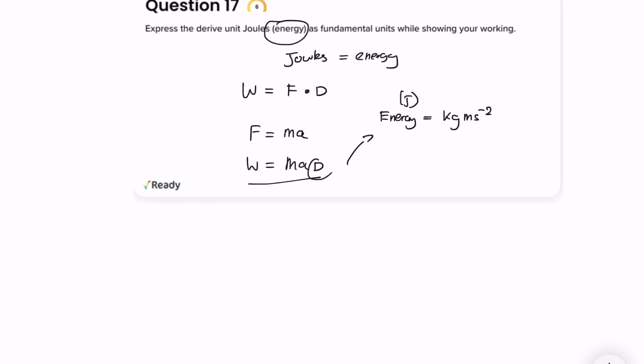And here we have a distance term, which means we multiply it by another m. When you have fundamental units like this, the units multiply each other, just like in maths. So we have kilograms, m to the power of 2, and seconds to the power of -2. And that is our answer for question 17, which is basically joules re-expressed in fundamental units.